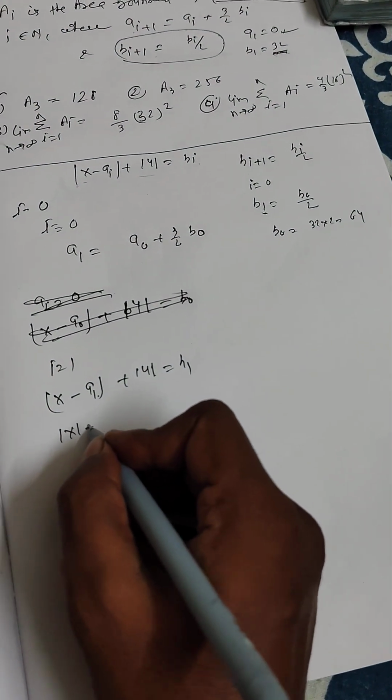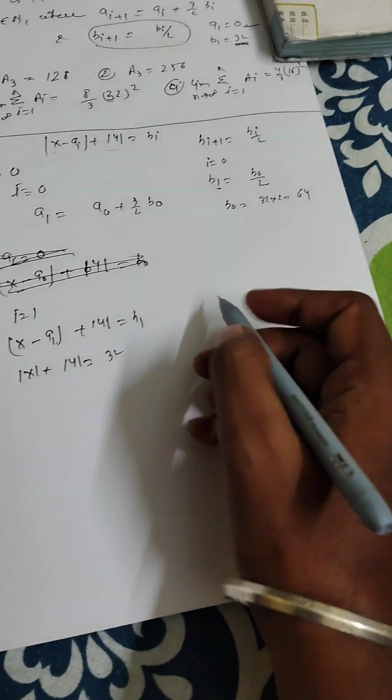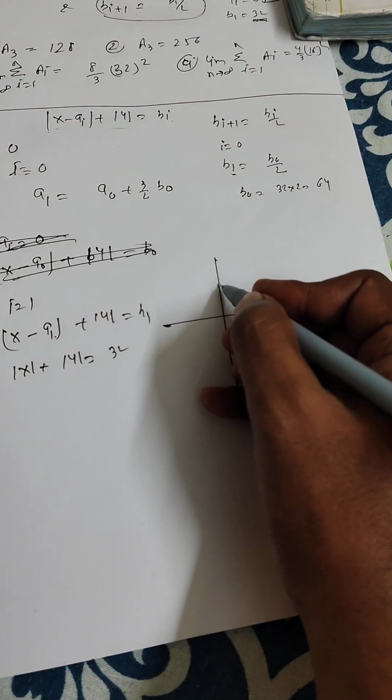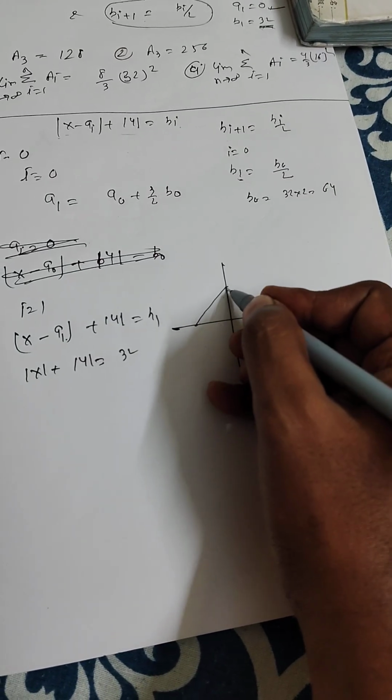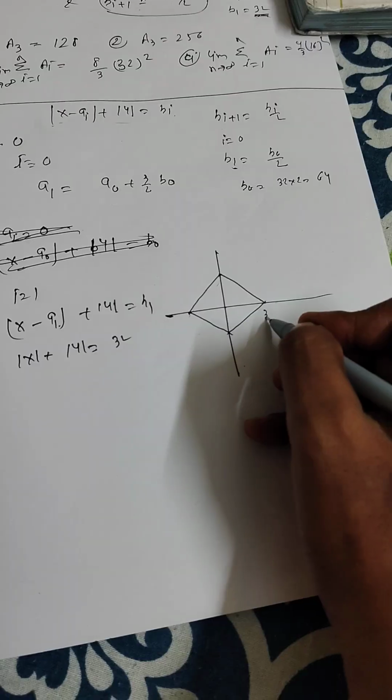Then |x| + |y| = 32. This graph is what? This is the graph we already have. So the idea has 32, and this modulus graph looks like this. This is 32.